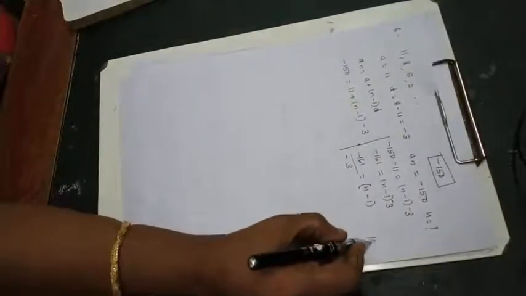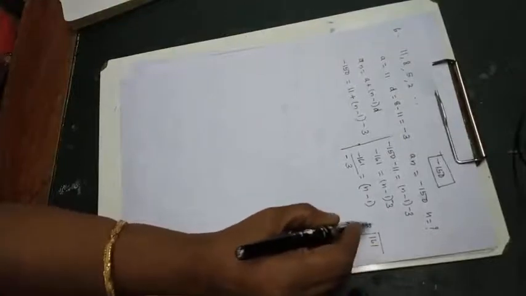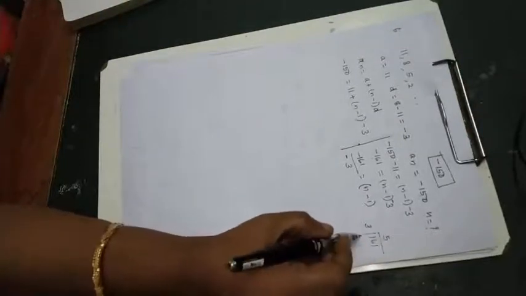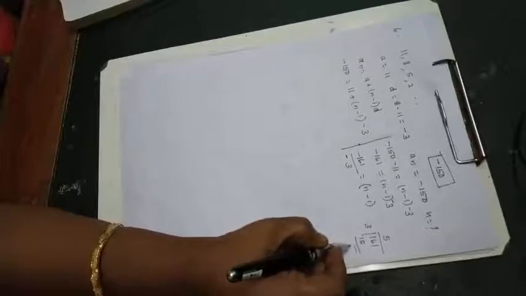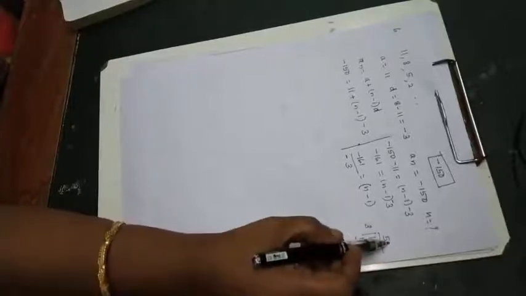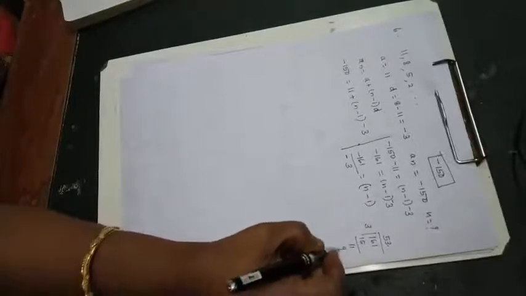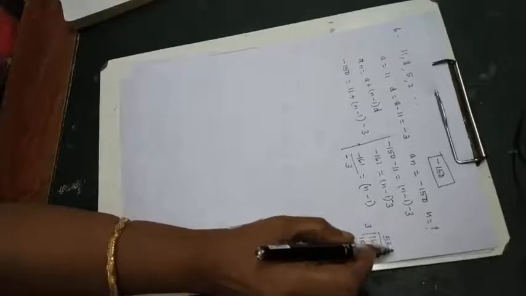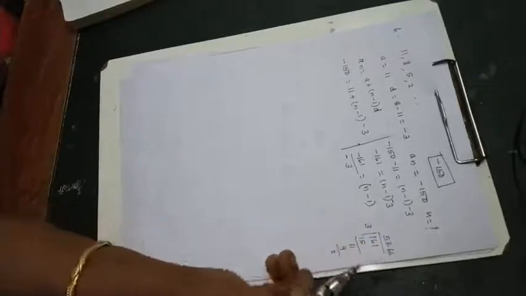So negative 150 will not be a member of this one. So we can just divide 161 by 3 and see. It will come like 53.666.